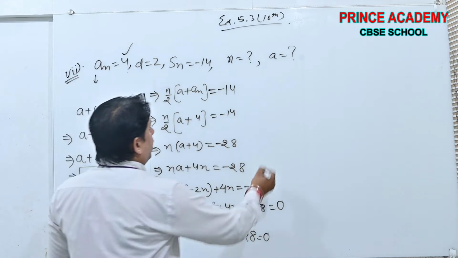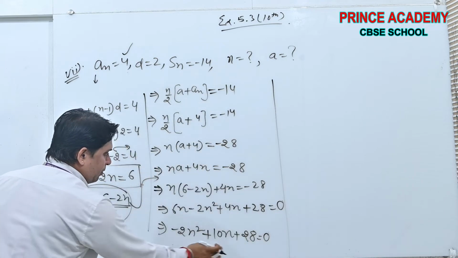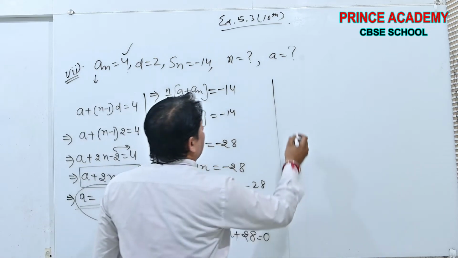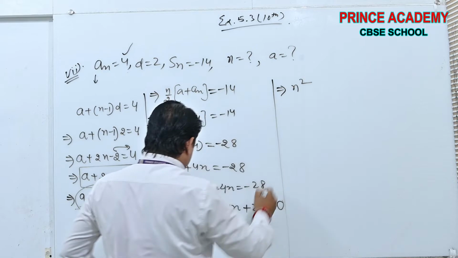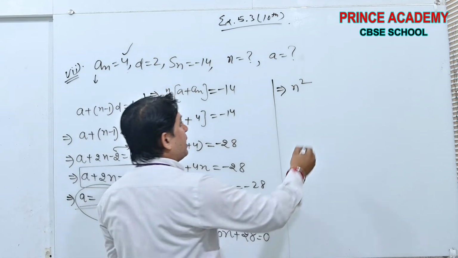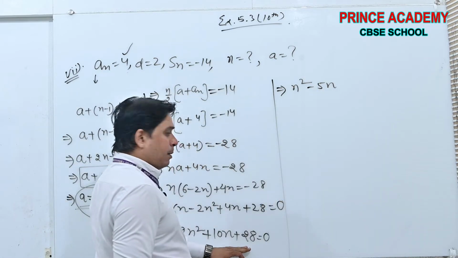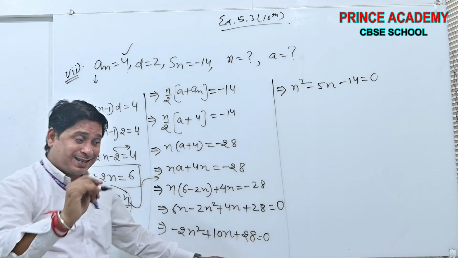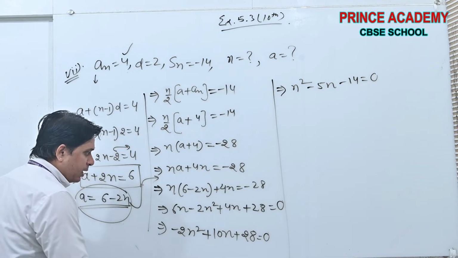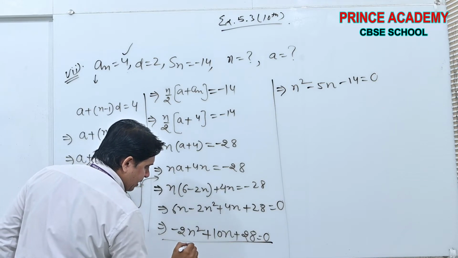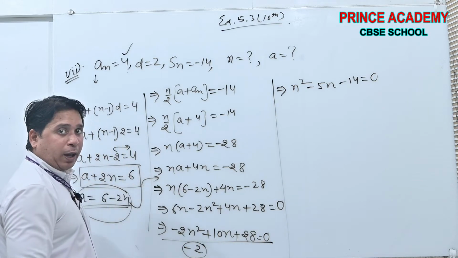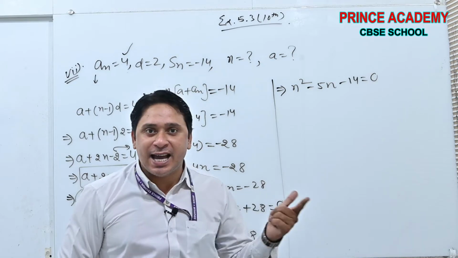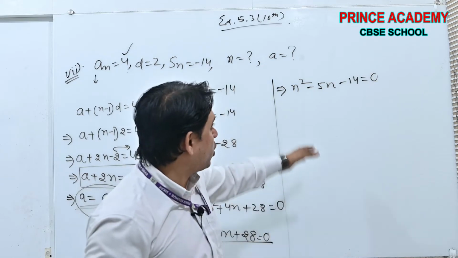Now if you take minus common and divide by 2, you will get n square minus 5n minus 14, yes or no? See, beta, once again I am dividing the whole equation by minus 2.